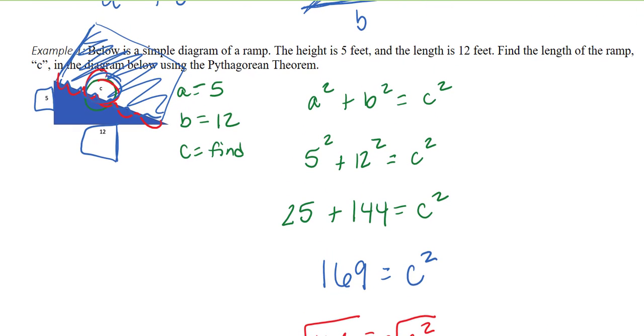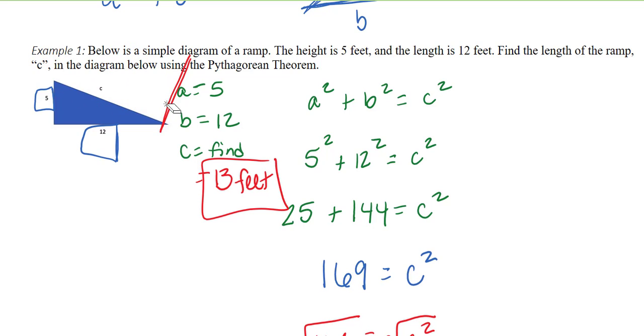So C is equal to 13 feet, which is what we're looking for, and that makes sense. So now we know C is equal to 13.